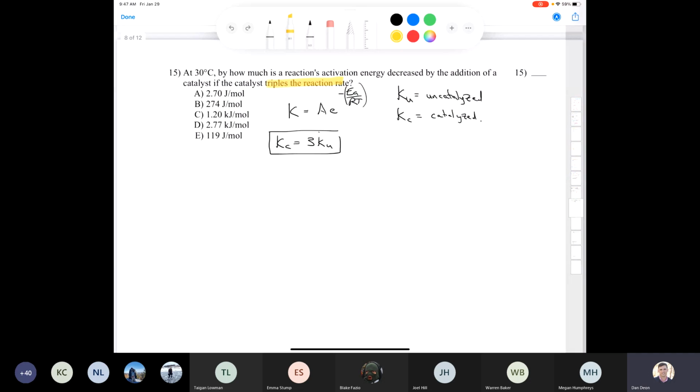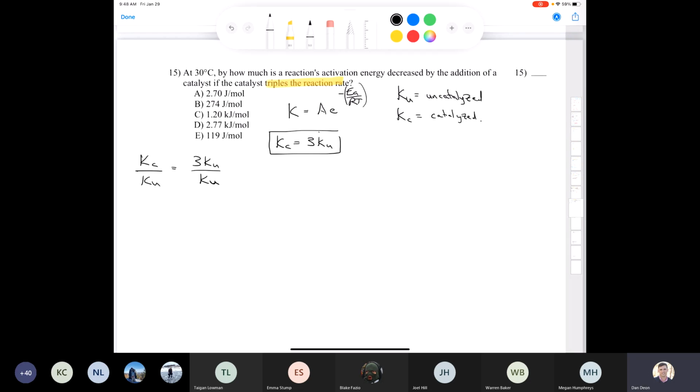Now I'm going to compare the ratio of the K catalyzed versus the K uncatalyzed, or another way of expressing that would be 3 times the uncatalyzed over the uncatalyzed.